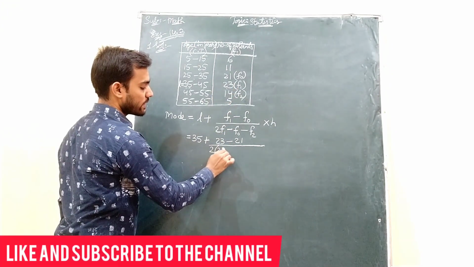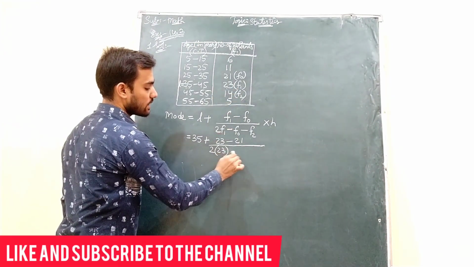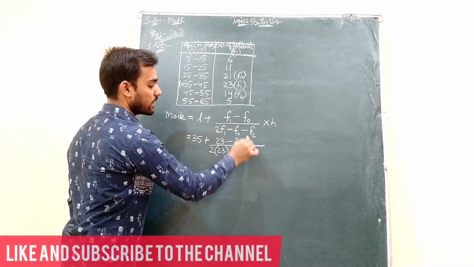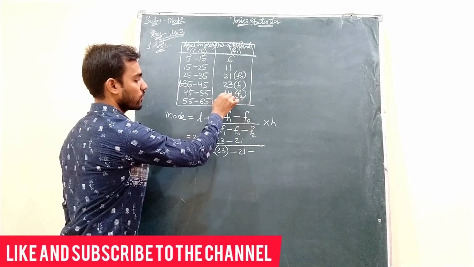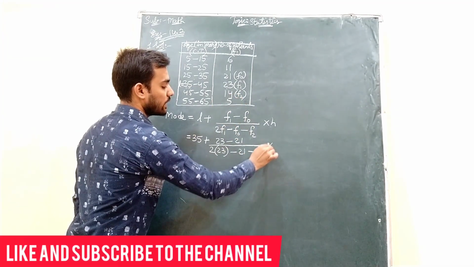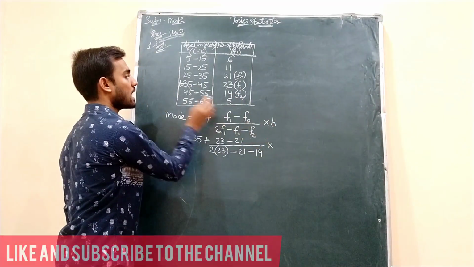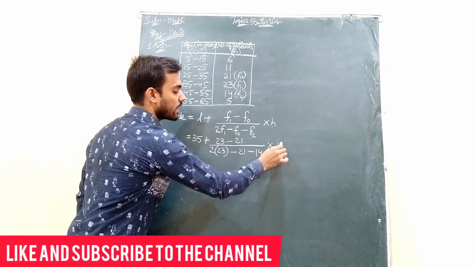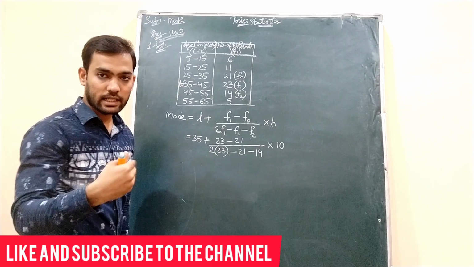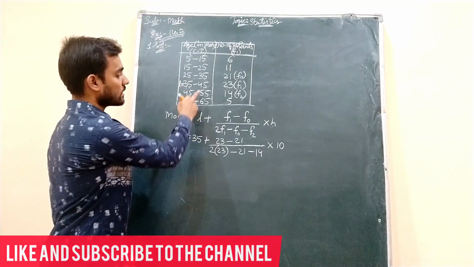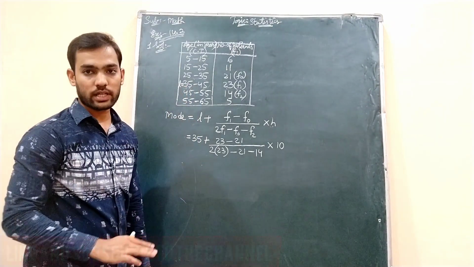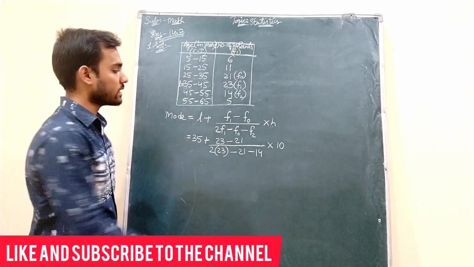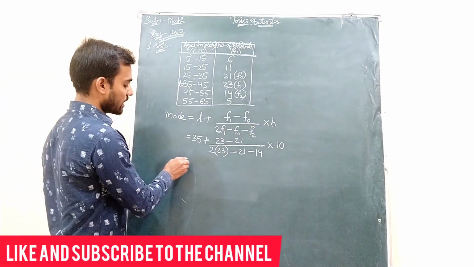So 2 into 23 minus F0 21, then minus F2 14, into H. H is the size of the modal class, and the size of this modal class is 10. 35 to 45, there is a difference of 10. Otherwise, you can think like that also: 45 minus 35 you need to do. From the upper boundary, you need to take out the lower boundary. Then you will get 10.